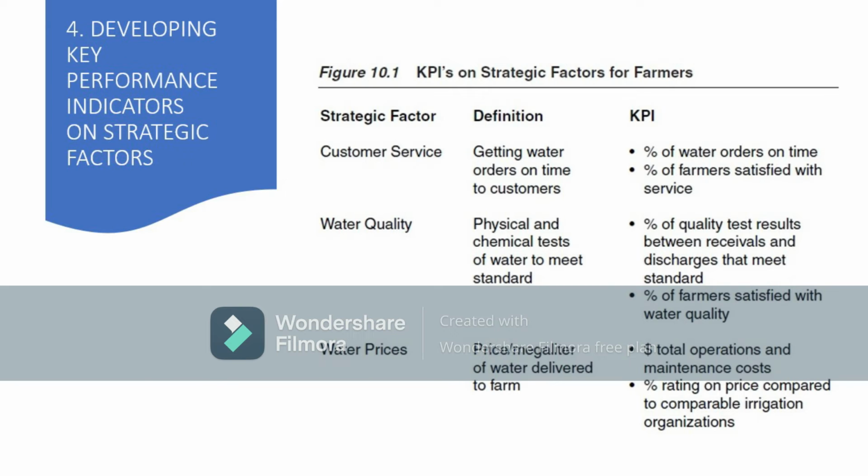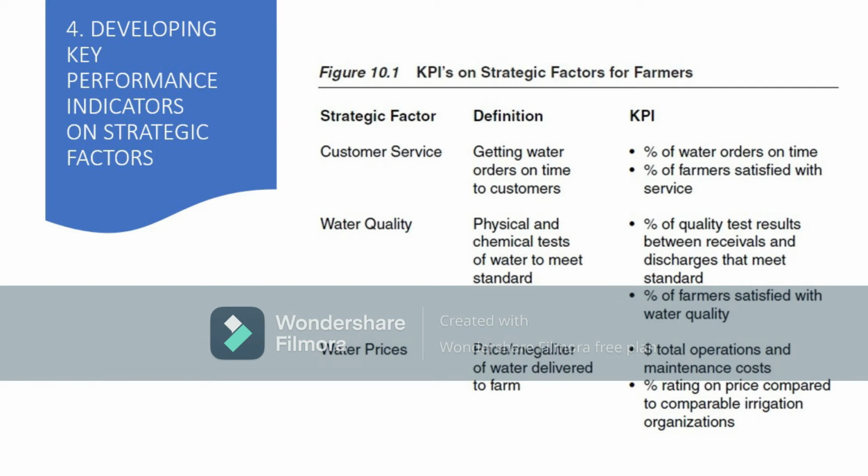These strategic factors came to the fore in actual interviews with the farmers, who also supplied the definitions, and this is very important, and nominated the measures that would be appropriate for each strategic factor. Note the column KPI. This is your table for the definitions made by the farmers.